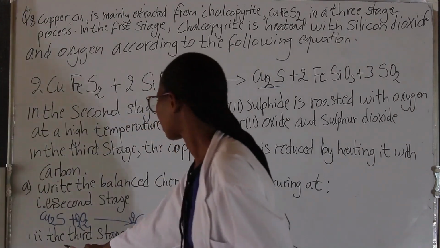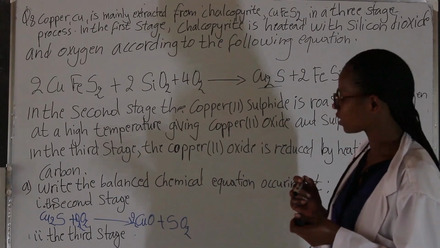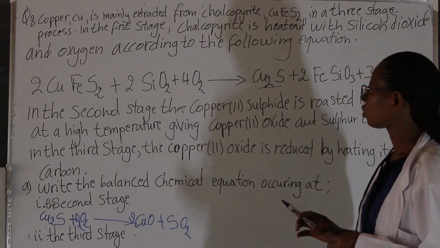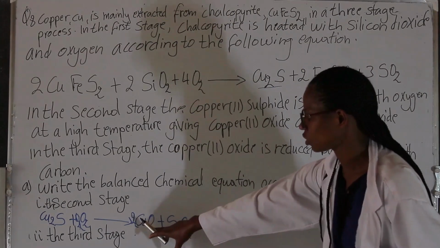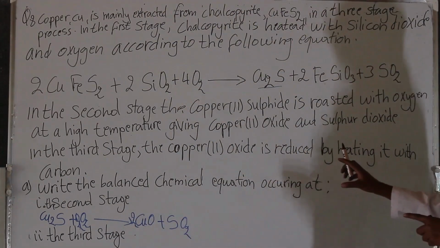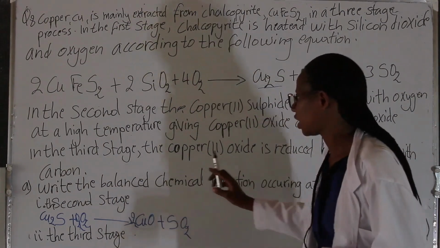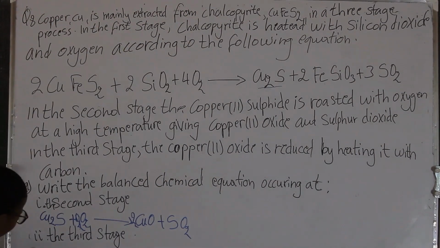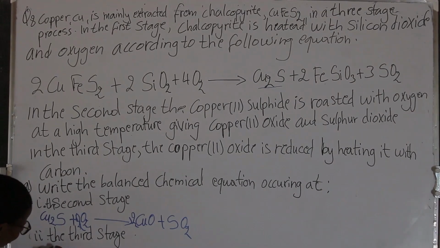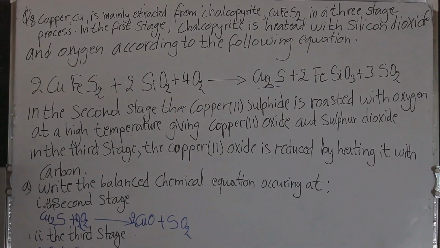For number 2, we need to write the chemical equation at the third stage. At the third stage, they told us that the copper 2 oxide produced at the second stage is reduced by heating it with carbon.